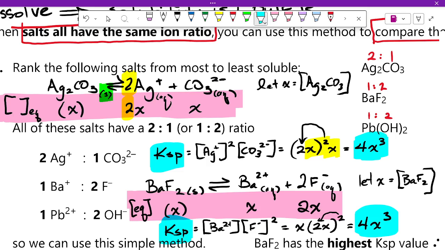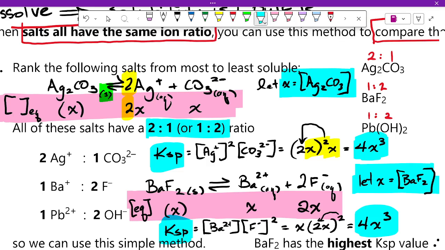So in both situations, because we have a 2-to-1 ion ratio, the formula for KSP works out to 4x cubed, where x is the concentration of the 2-to-1 compound, whatever it happens to be.